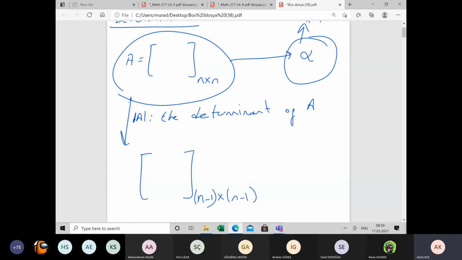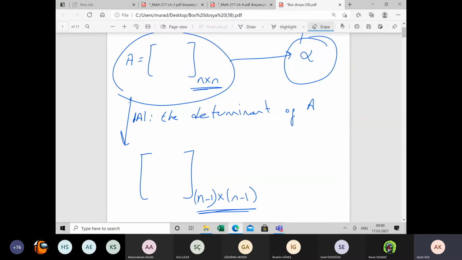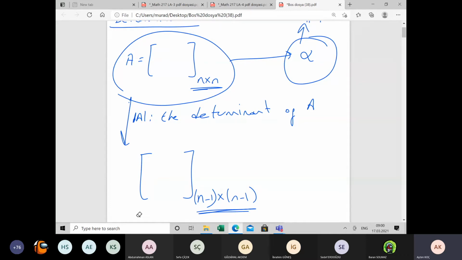This is not the matrix A, because A has dimension n by n and this has dimension n minus 1. So our problem is to evaluate the determinant of the n minus 1 by n minus 1 matrix.